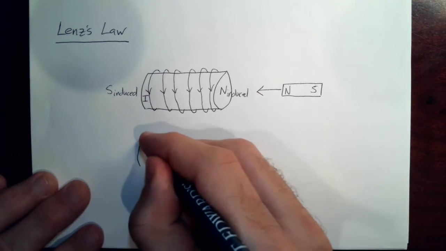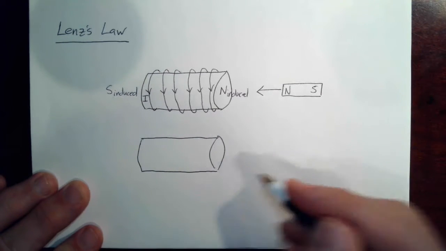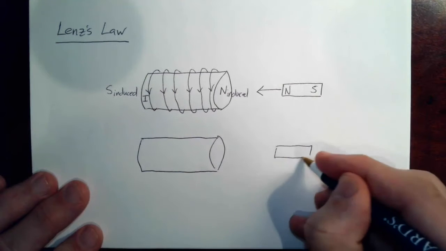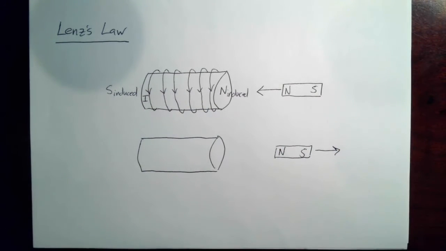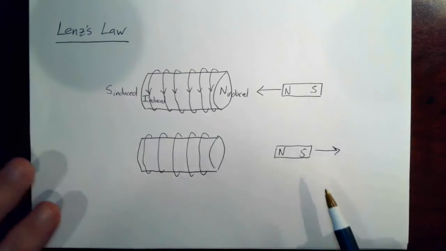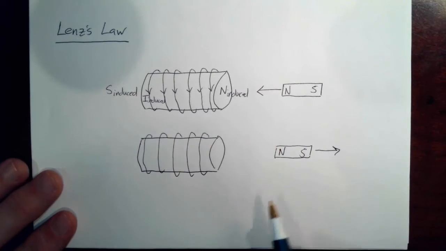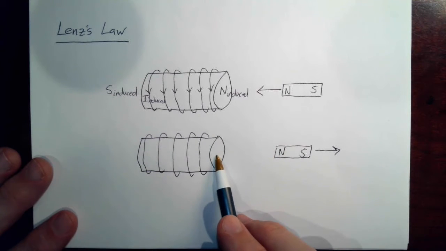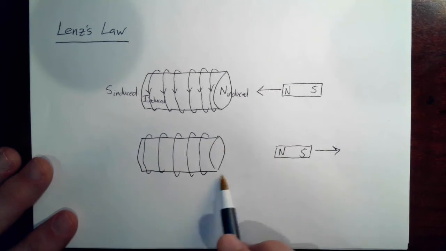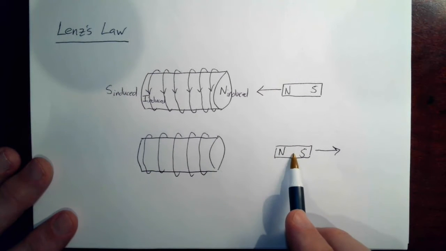So let's do another example, this time pulling the magnet away. We already know from my demonstration that it's going to be the opposite direction, but let's see if we can get that with Lenz's law. The north end of this magnet is moving farther away. So in order to oppose that change, the coil would want to attract this magnet to keep it from moving away.